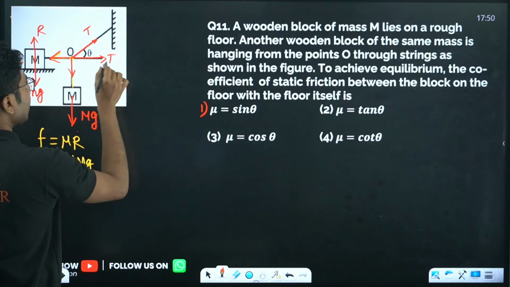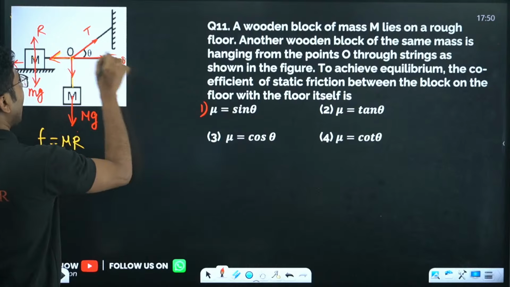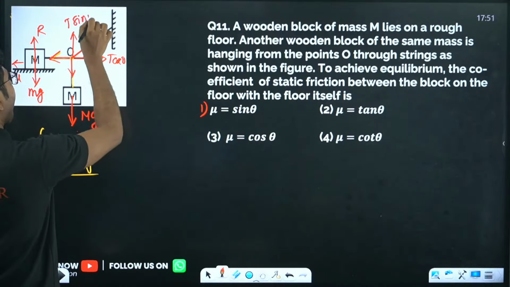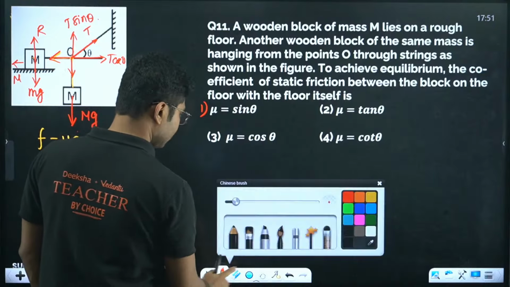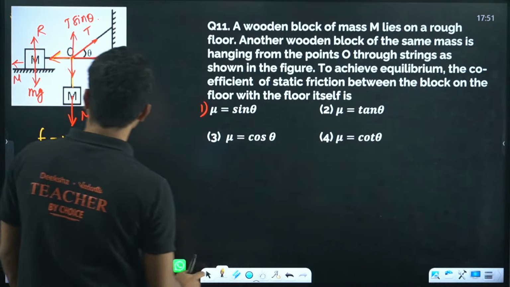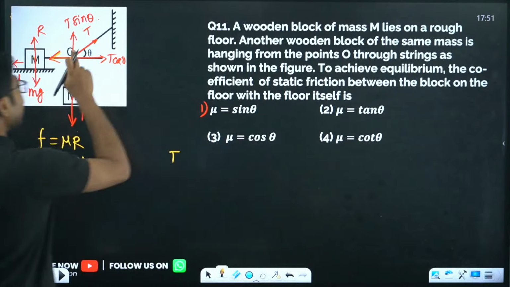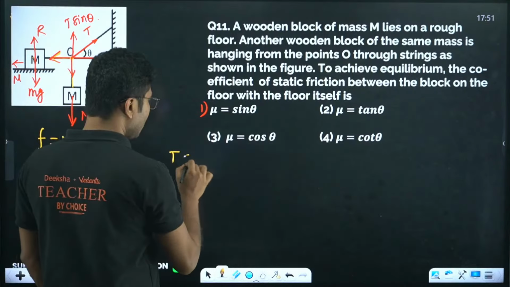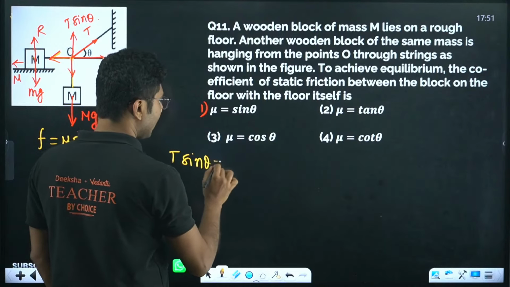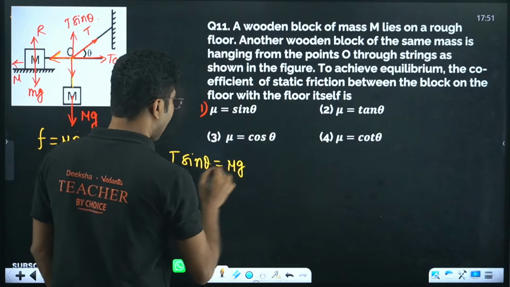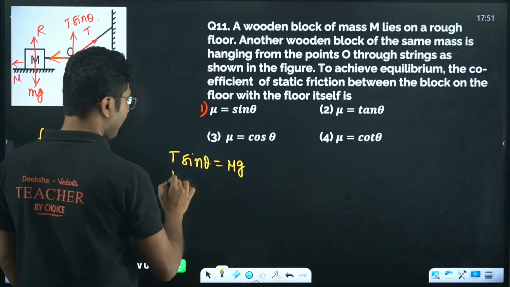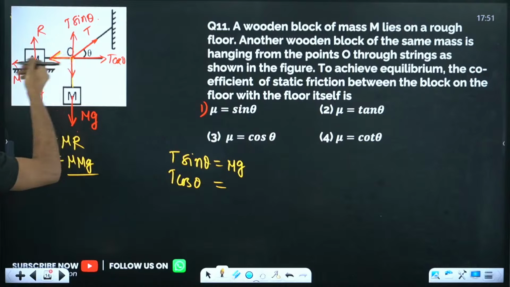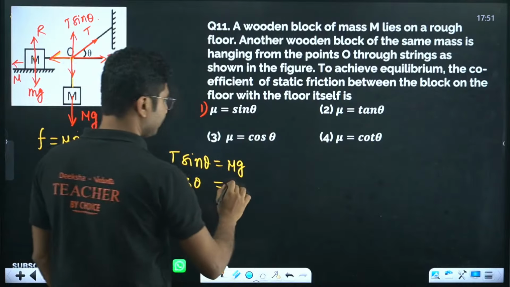One is T cos theta, and here it will be T sin theta. T sin theta is the upward force which has to balance the downward force. So T sin theta must be equal to mg, and T cos theta must be equal to this force, that is mu mg.